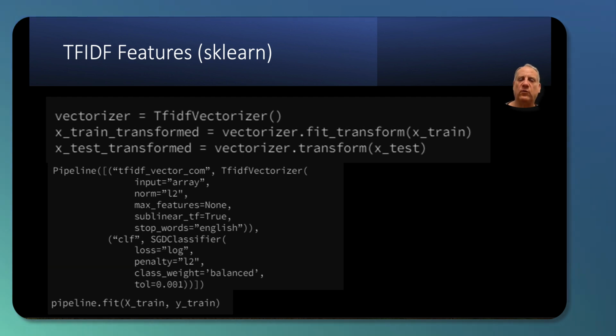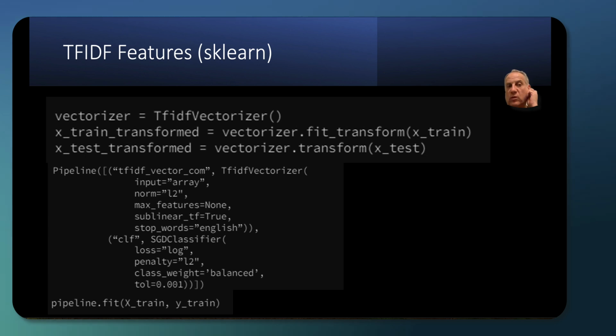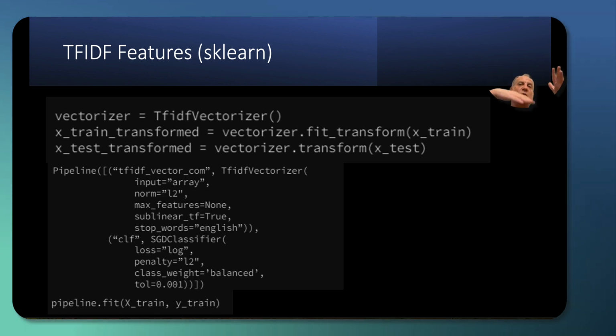We do a fit transform with this vectorizer, the TF-IDF vectorizer, and that will transform it into a collection of documents which are now represented as vectors. We do the same thing for the testing data. So this is how you would use just the vectorizer.